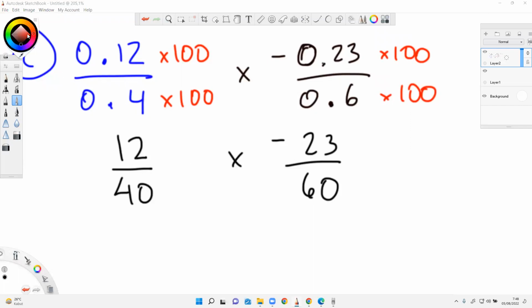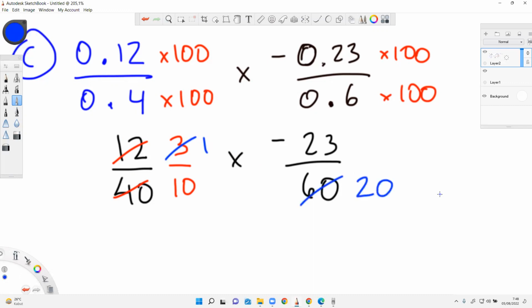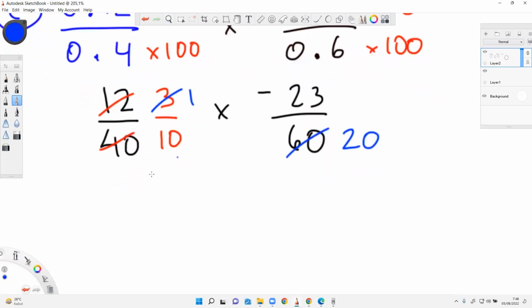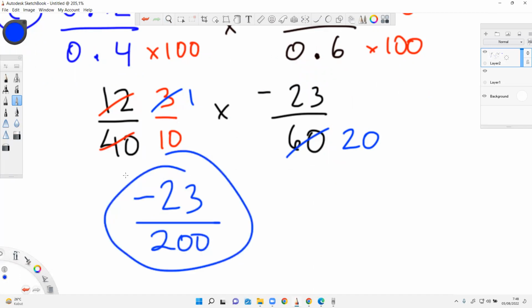So kita simplify dulu ya. By 4, right? 3 and 60 bisa lagi ya. 20. Got it? Ada lagi ya? No more, right? So 1 times negative 23 is negative 23 over 200. Done, because it is not a mixed number. We cannot change it to a mixed number.